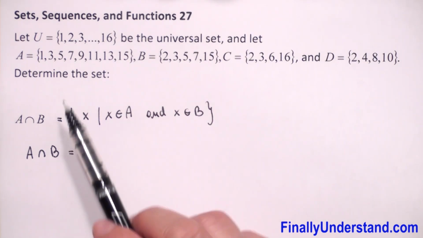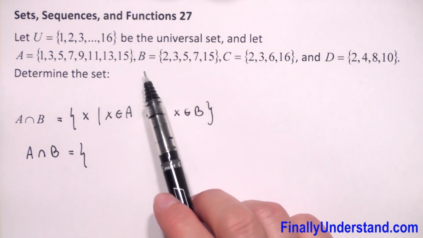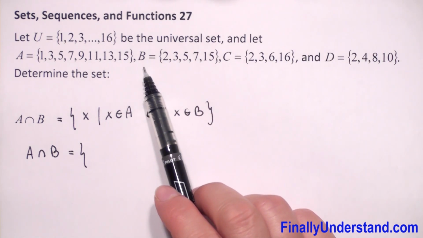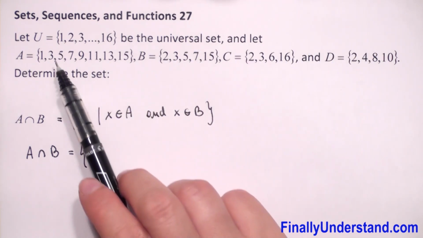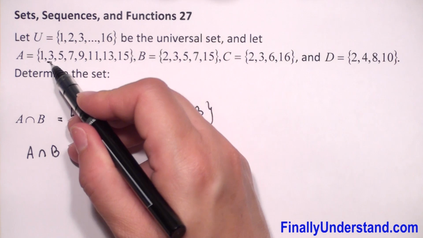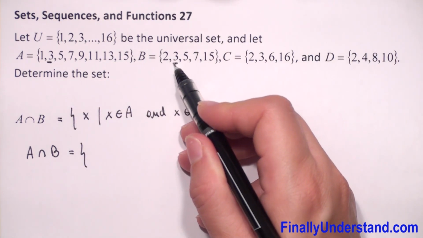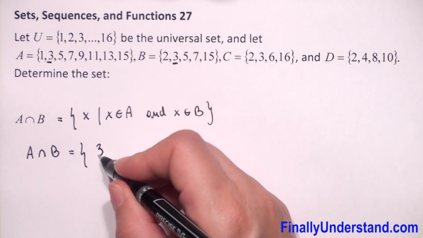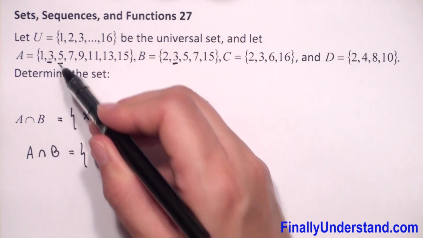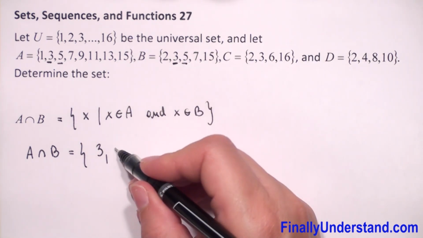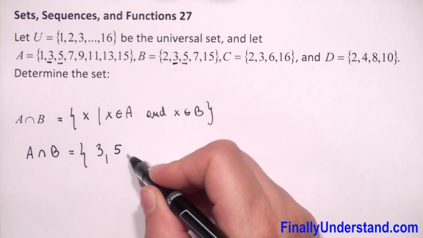let's check what we have. We have 1 in set A, and in set B we don't have 1. We have 3, and we have 3 in set B, so it will be 3. Next we have 5 and 5, so we have to put 5.